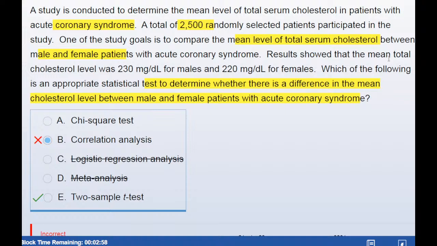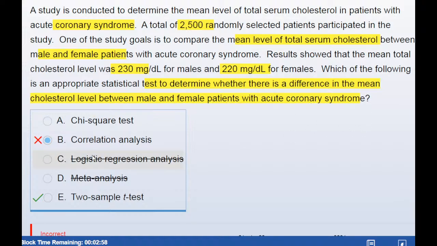Results showed the mean total cholesterol level was 230 for males and 220 for females. Which of the following is the appropriate statistical test to determine whether there is a difference in the mean cholesterol level between male and female patients with acute coronary syndrome?